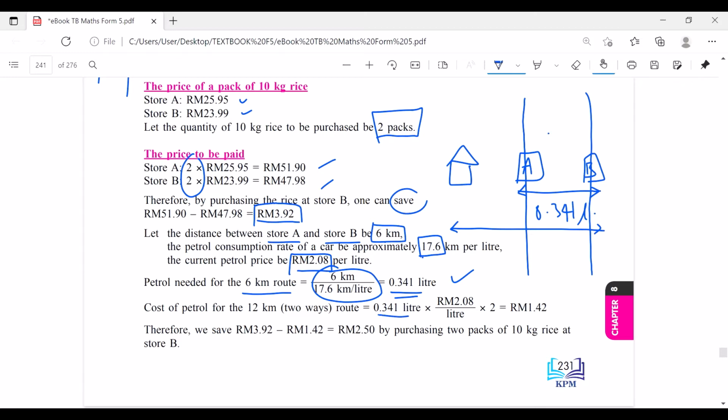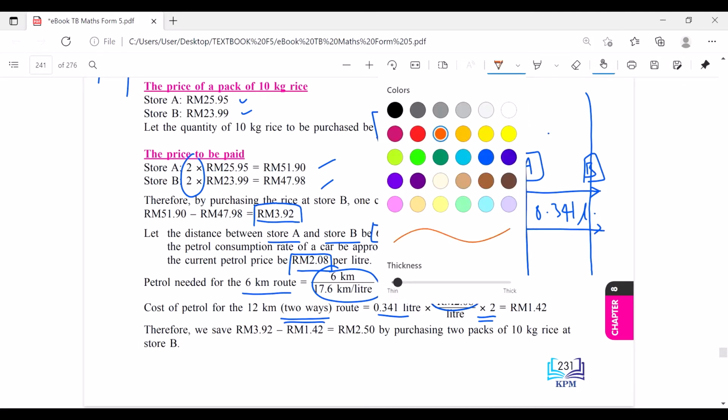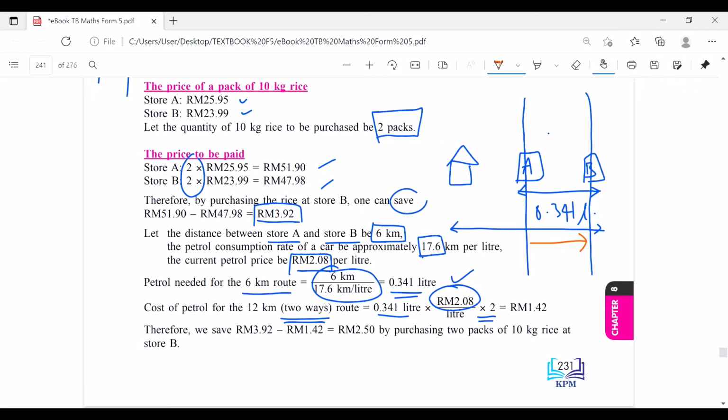You times with the rate 2.08, and you have to times 2 because of 2 ways, go and back. Therefore, you save the price only this one. So you minus what you save from buying the 10 kg rice with the petrol that you use.